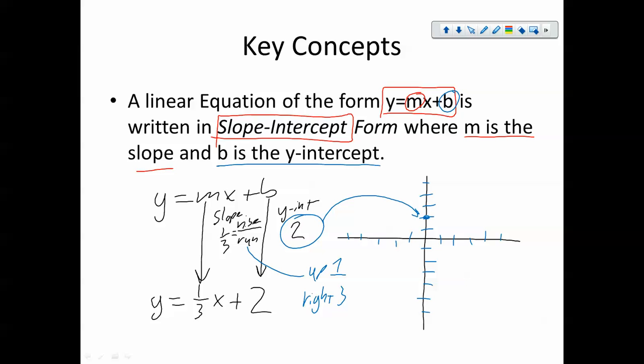I'm starting here, going up 1 and right 3, and I know there's another point right there. If I go up 1, right 3 again, there's going to be another point right there. They're all going to have the same steepness, the same increase of 1/3.